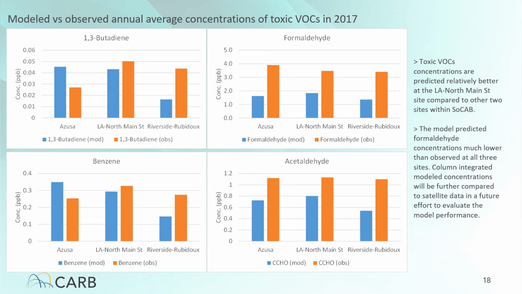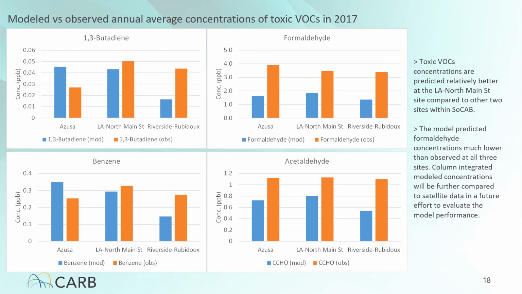This slide contains the charts that show the model versus observed annual average toxic VOC concentrations for the 3 monitoring sites. Toxic VOC concentrations are predicted relatively better at the LA North Main Street site compared to the 2 other sites located at Azusa and Riverside Rubidoux within the SoCal.